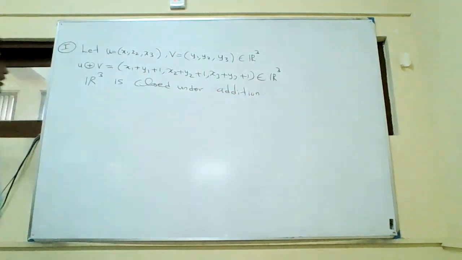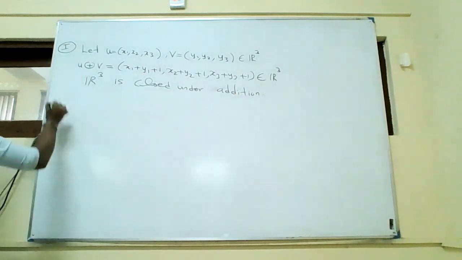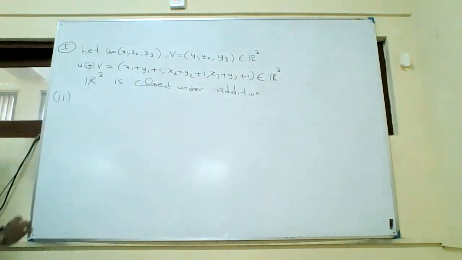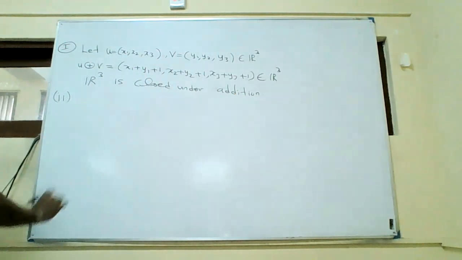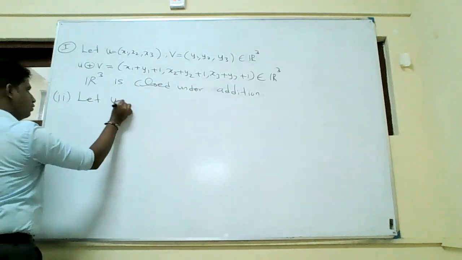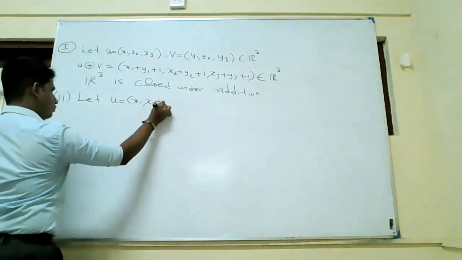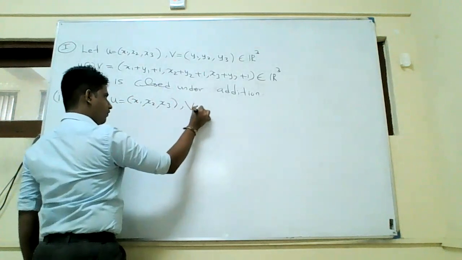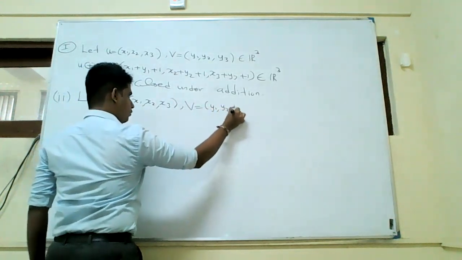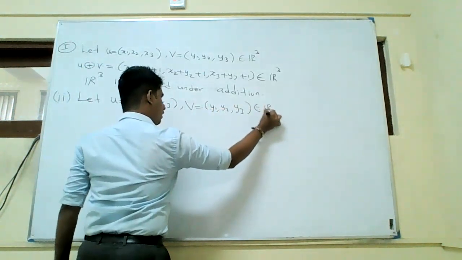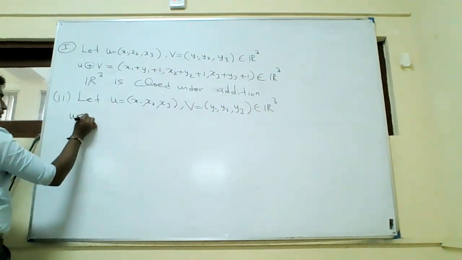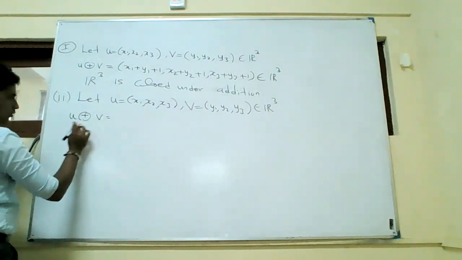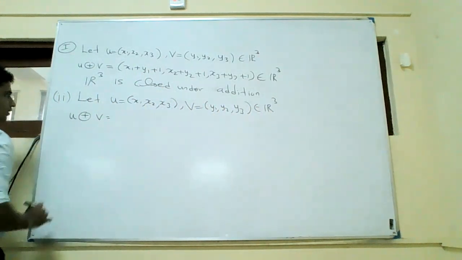Okay. Next, we want to check the second axiom. The second axiom is commutativity of addition. For this, you want to take two vectors again, x1, x2, x3 and y1, y2, y3 belonging to R cube. The commutative property says that your claim is to show that u plus v equals v plus u.